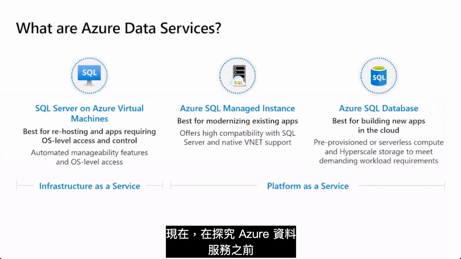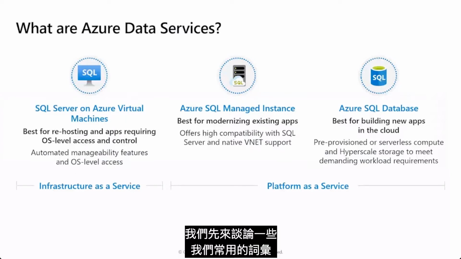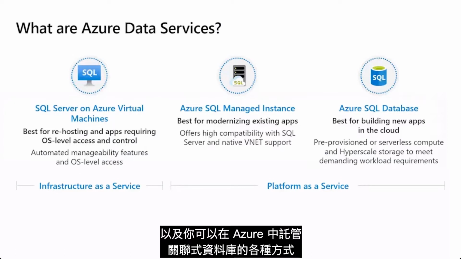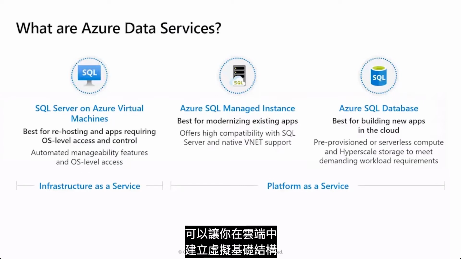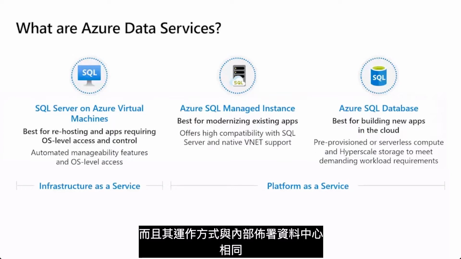Now, before we dive into the Azure data services a little bit more, let's just talk about some of the common terminologies that we might be using, as well as the different ways that you can host a relational database in Azure. So infrastructure as a service, or IaaS, generally describes services where Azure enables you to create a virtual infrastructure in the cloud that mirrors the way that an on-premises data center might work.